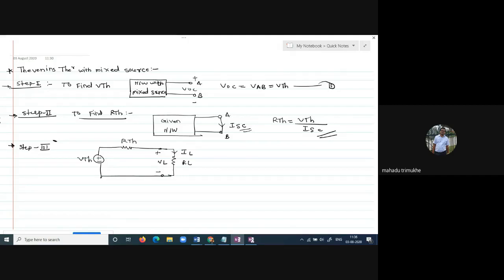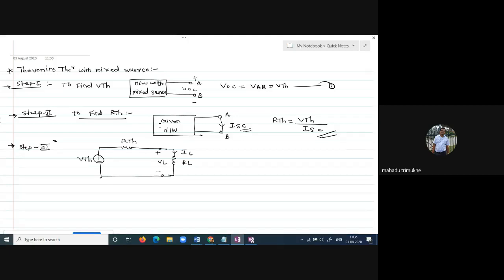But for the mixed source, for finding RTH, we have to short circuit the load resistor RL. One thing you have to keep in mind: you don't turn off the sources. The sources should be turned on over here. There is no source to be turned off for the mixed source, right?